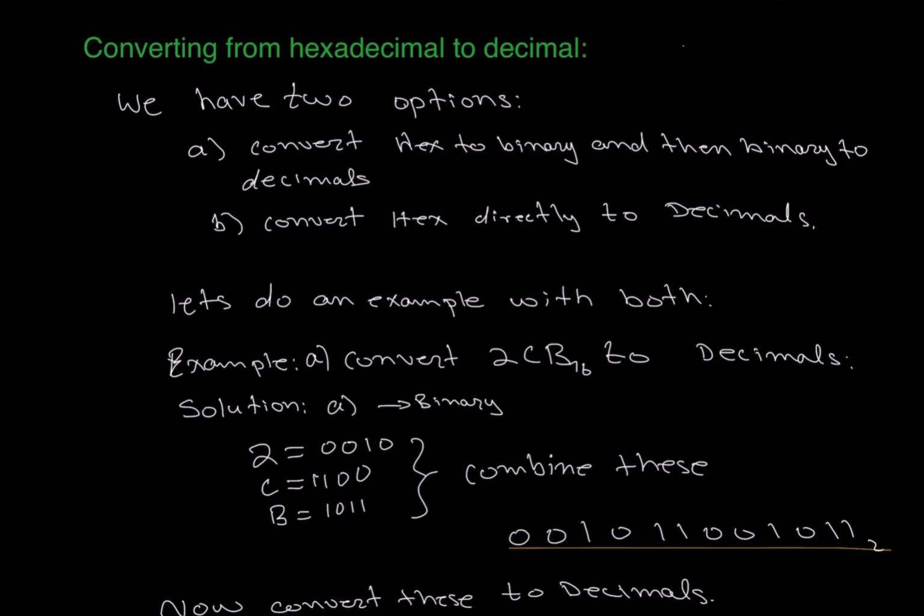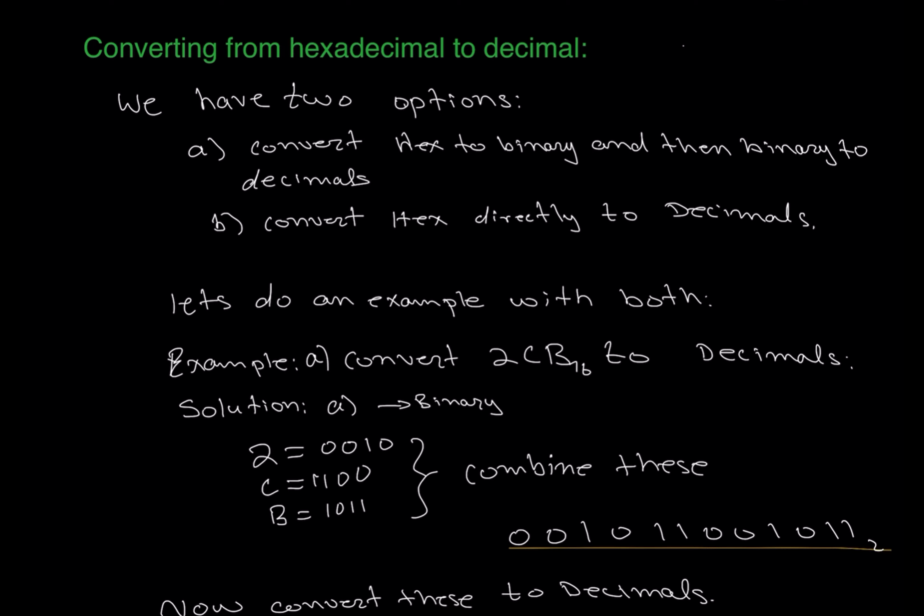Okay, converting from hexadecimal to decimal number. So we will do a couple of things here. We have two options: convert hex to binary and then binary to decimal, or convert hex directly to decimal.